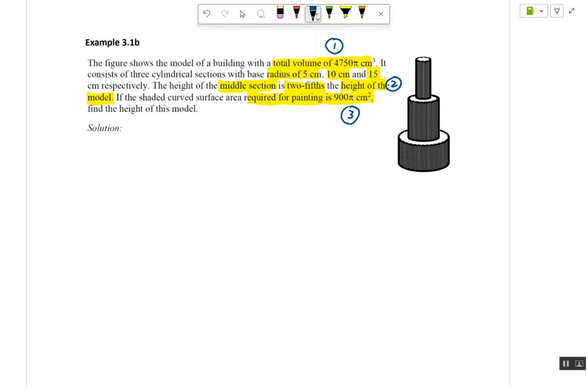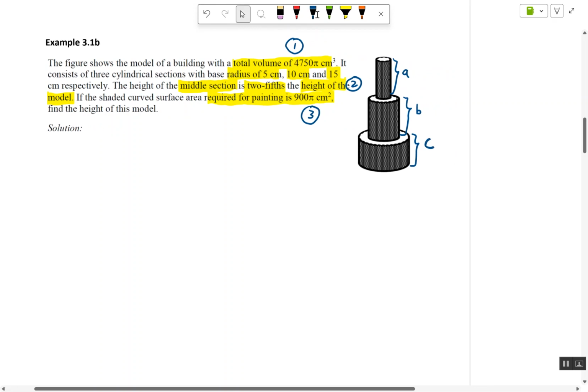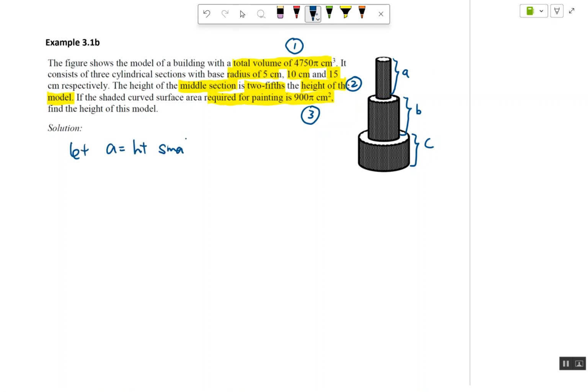Now I know that there are 3 variables, which is the height of the model comprising the height of the small one, I will name this as A, the height of the middle one, I will name this as B, and the height of the big cylinder, I'll name this as C. It's always important to specify your variables first. So let A be equal to the height of the small cylinder.